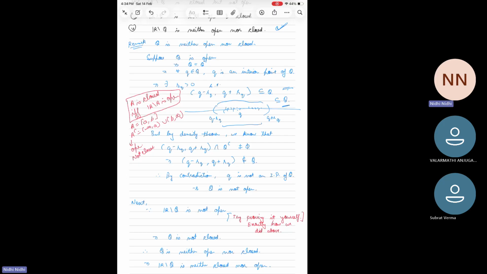So is it fine now? All we know is that if a set is open, its complement is closed. If a set is closed, its complement is open. If a set is not open, I don't think we can say anything about its complement.